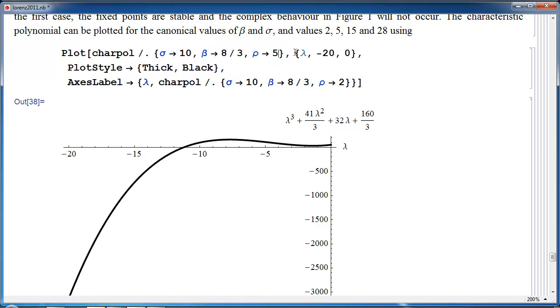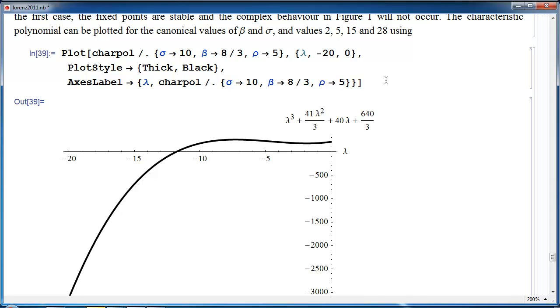We can put 5 into here and plot that, and you see that the same is true. So it looks like there is never more than one real zero.